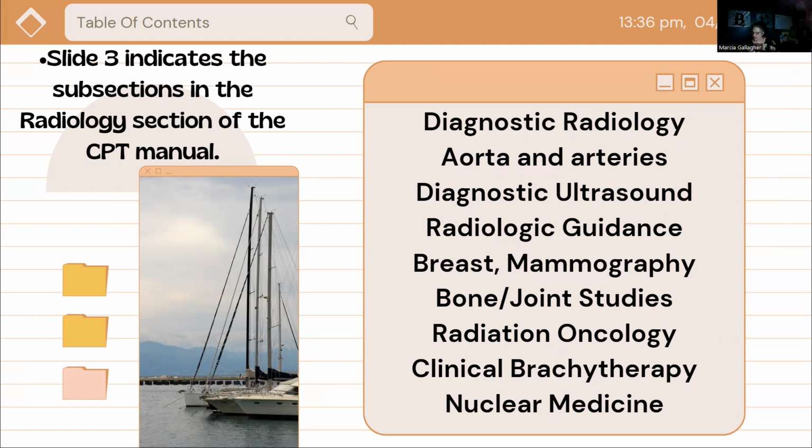The next ones are aorta and arteries, diagnostic ultrasound, radiologic guidance, breast mammography, bone joint studies, radiation oncology, clinical brachytherapy, and nuclear medicine.